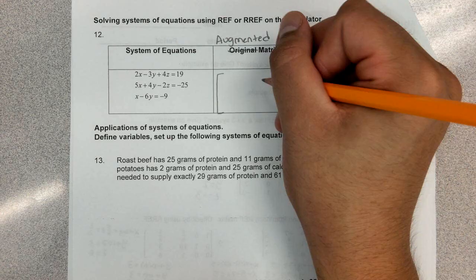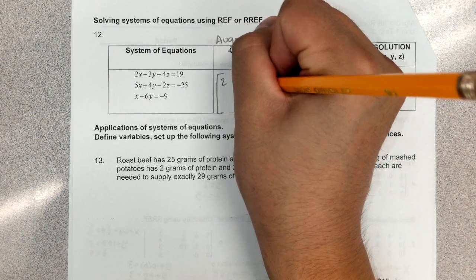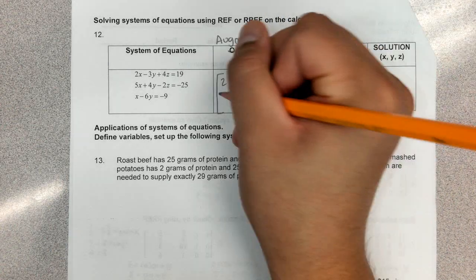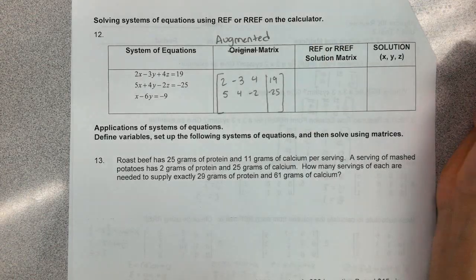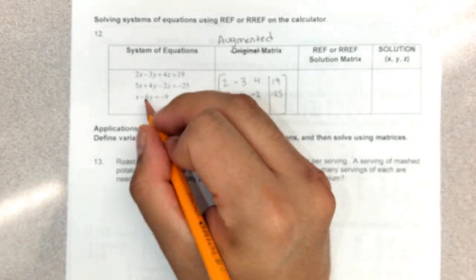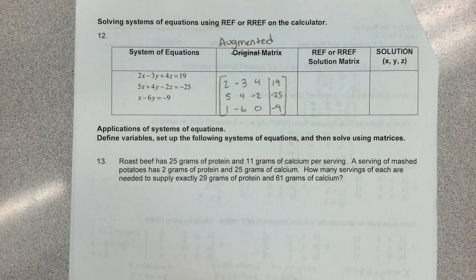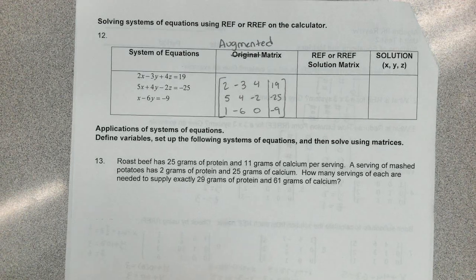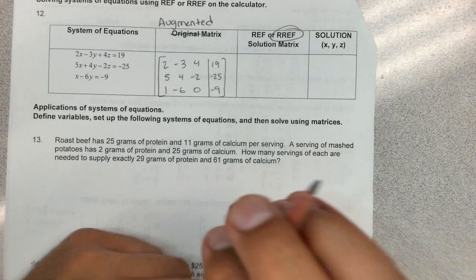So the first row is 2, negative 3, 4, 19; 5, 4, negative 2, negative 25 for the second row. And then the third row, we have 1x minus 6y. Since we don't have a z, just put a 0 in place of it, and then it equals negative 9. Alright, so let's put this matrix in reduced row echelon form.